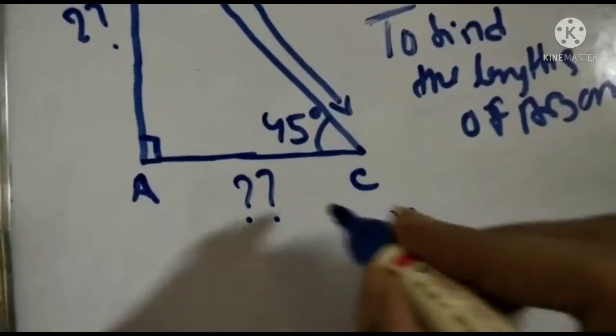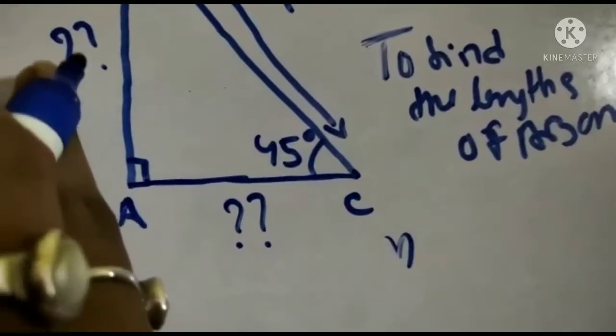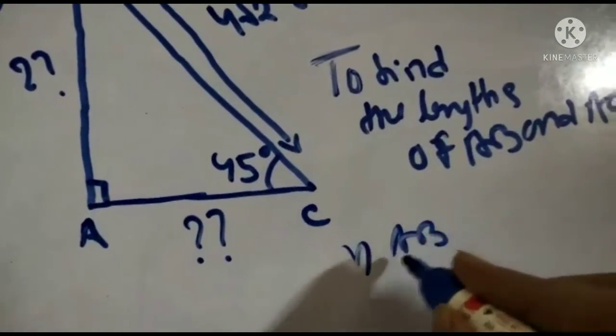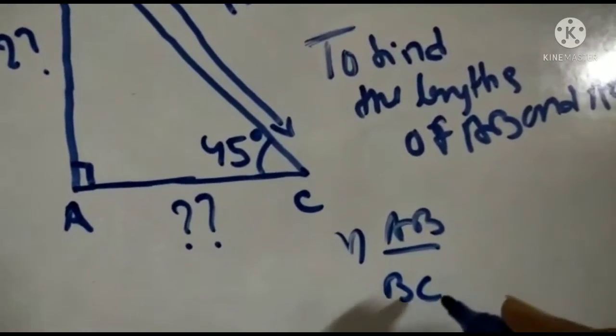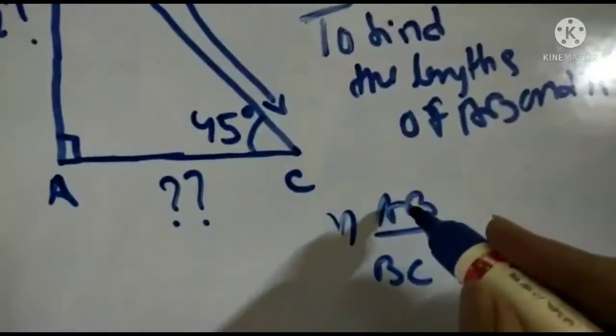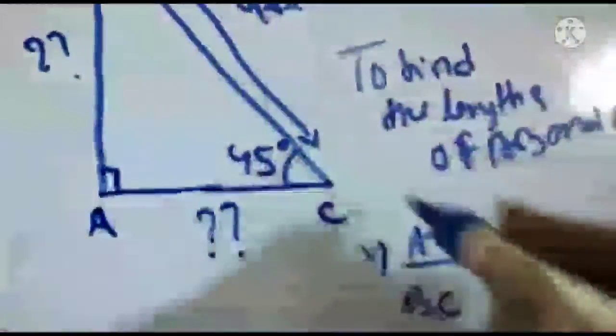So we write AB by BC, only because BC is given as 4√2. So AB by BC is what? Perpendicular by hypotenuse.